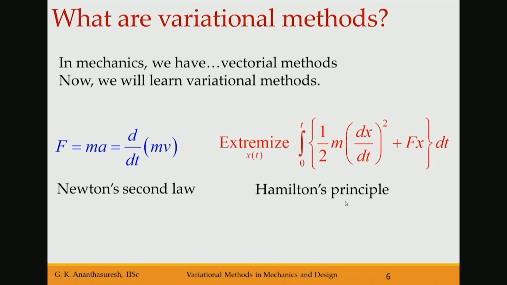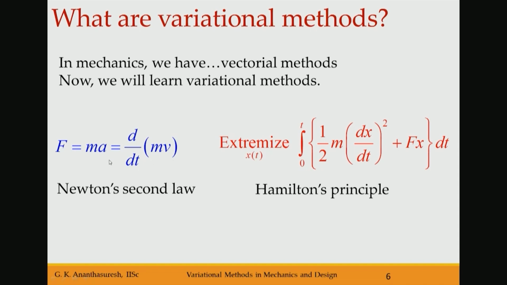That is what Hamilton's principle says. Okay. It is a very profound thing. After Newton's second law was proposed, having an alternative to it came much later when Hamilton came, but ideas were there from Leibniz, Bernoulli and Euler, Lagrange, all these people, and that culminated in Hamilton's principle, which is an alternative to Newton's second law. Okay.